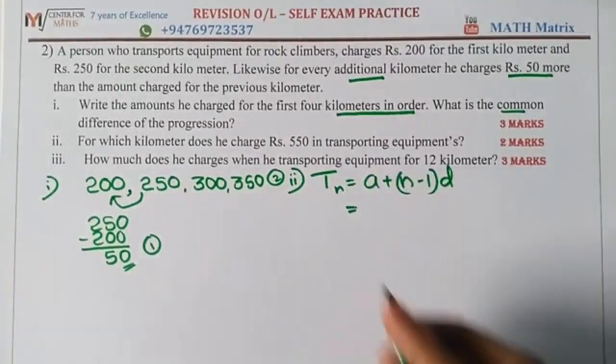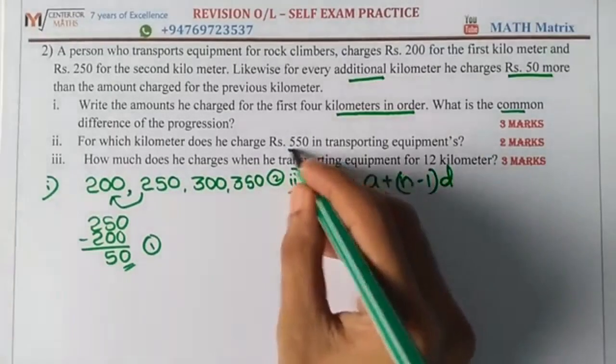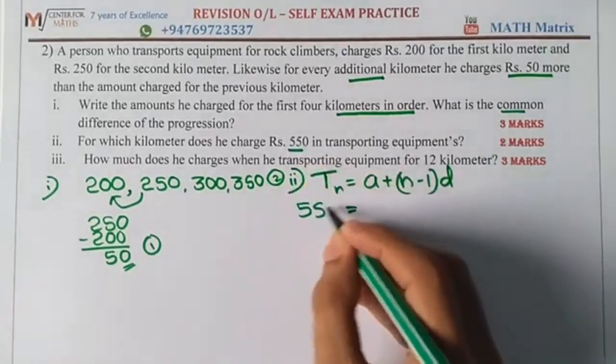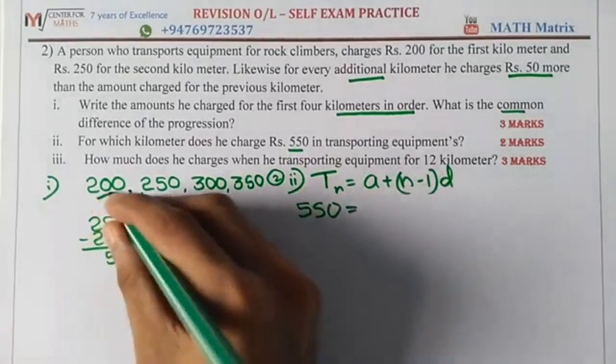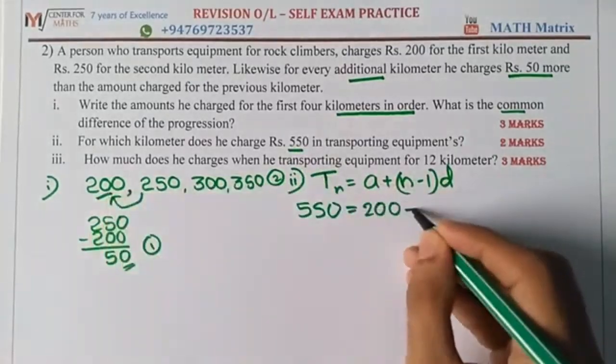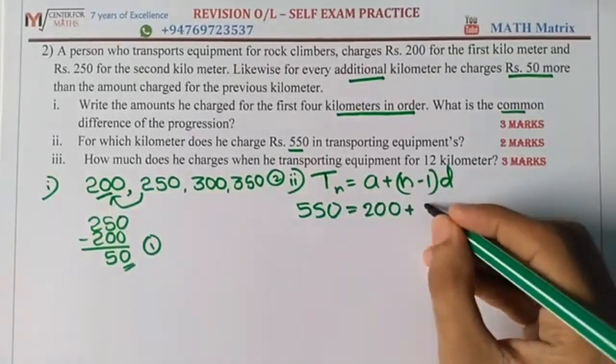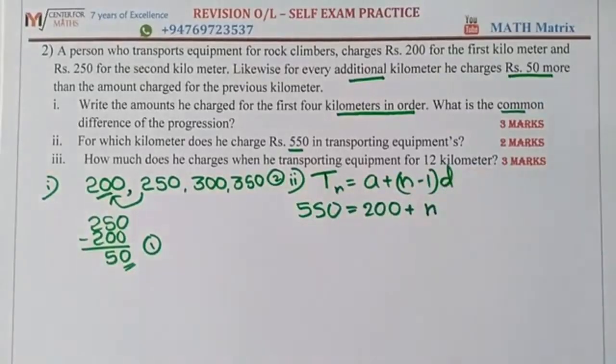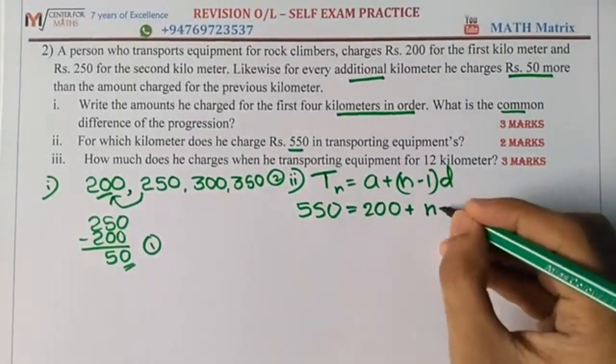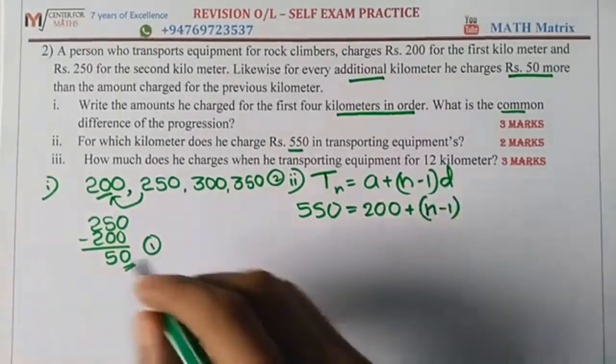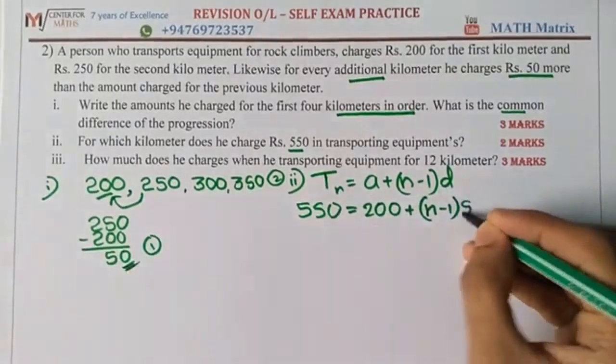At this time they have given the value, right? The term value is 550. And the initial term, we knew that, 200. And n, no, we don't know the value of that. Which term is that? That is what they are asking. And the common difference, just now we found that, 50.